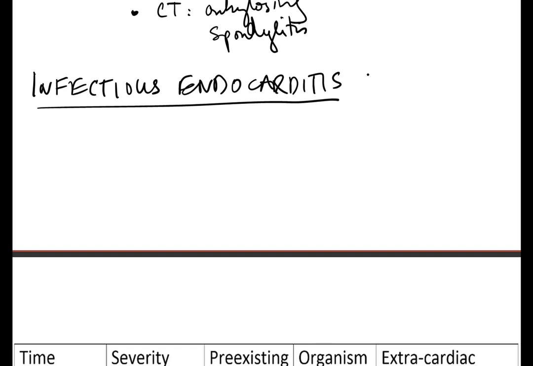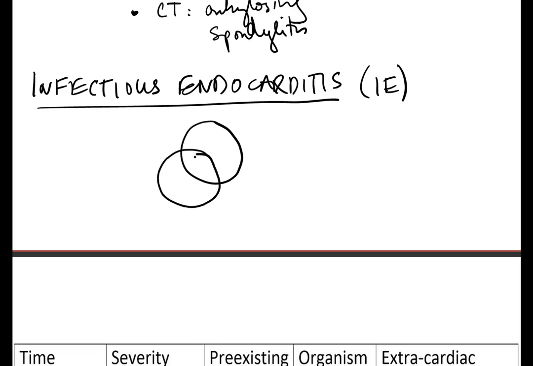Let's move on to infectious endocarditis, which is often, when you talk about the subject, abbreviated to IE. This raises the big philosophical question of the different types of infections. And I think a really good way of thinking about infections is divide them into three different types. One type of infection we want to think about is going to be pathogenic. When you say pathogenic E. coli versus just E. coli, well, what is a pathogen?